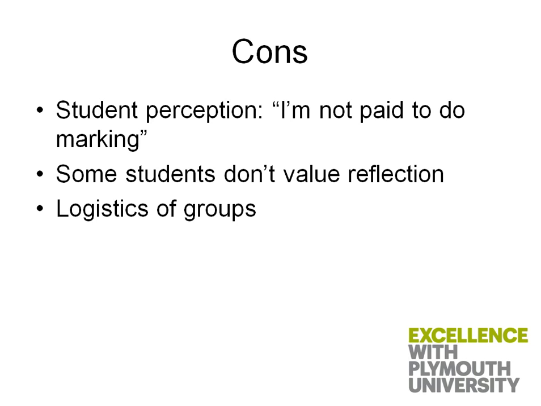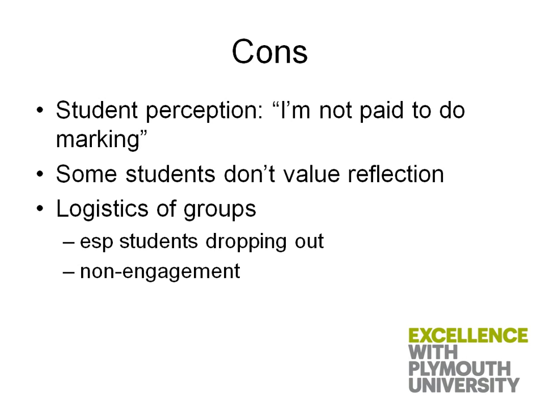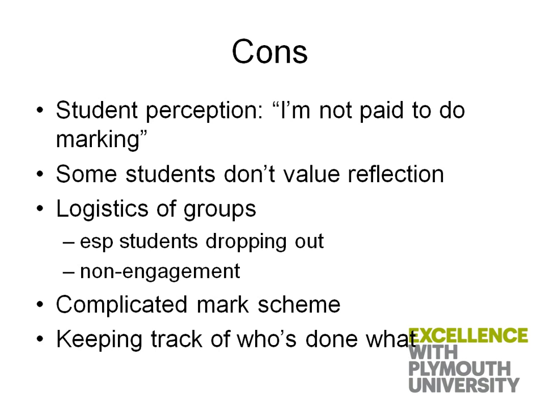Some of the logistics of the groups are difficult to manage sometimes, especially if students drop out, which they do occasionally, or if they don't really engage with the work, i.e. they are anticipating dropping out from what we've seen of the results. The mark scheme is quite complex, so I have to explain that several times during the course of the year.